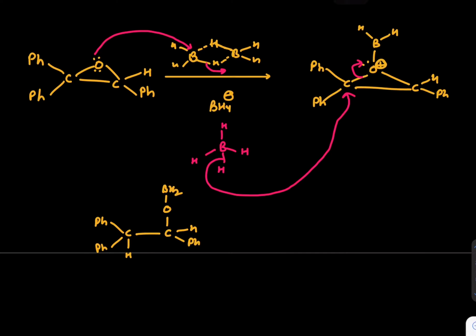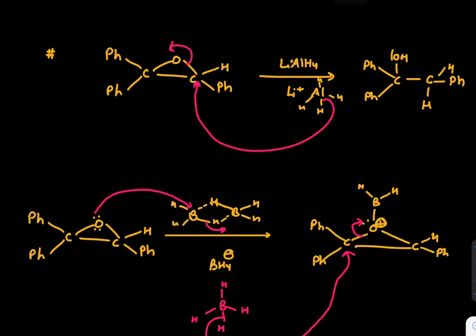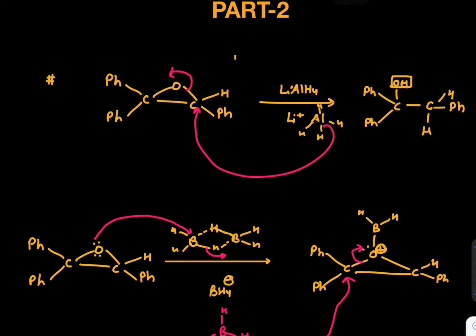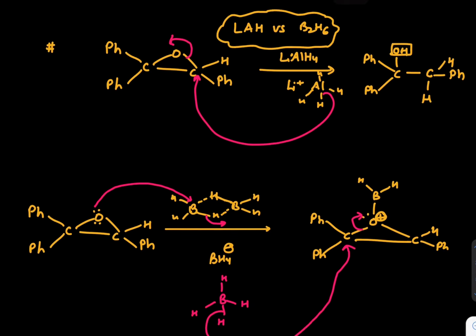And at the end we can conclude that this OBH2 bond is to be broken with the help of H plus or other things, and the end product we can get is PhCH(Ph)CH(Ph)OH. So look at the position of OH here and look at the position of OH here, and this is basically LiAlH4 versus B2H6. Normally you will not find this in books also unless you search a lot.